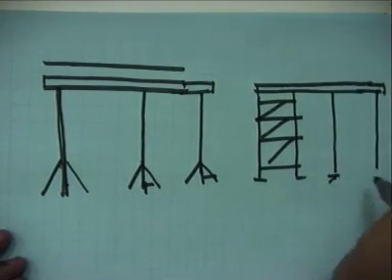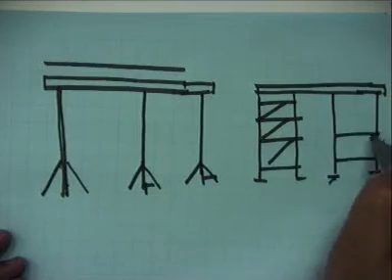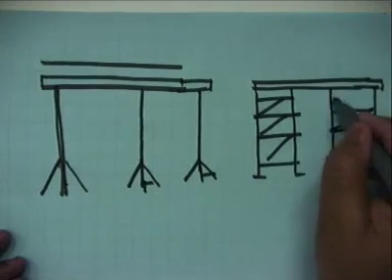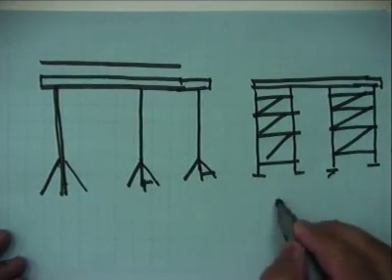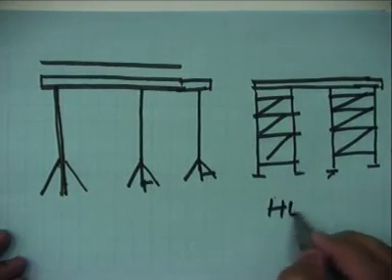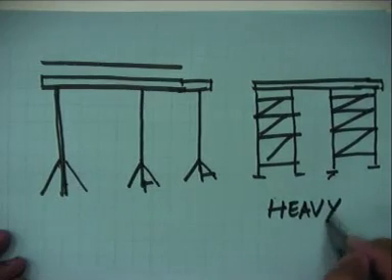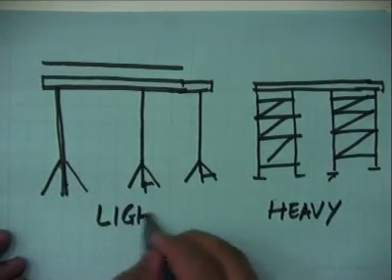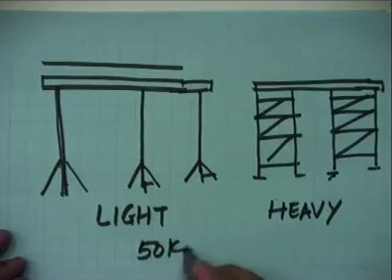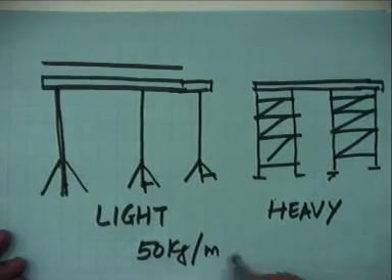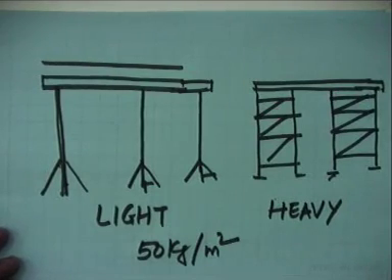So that's why I told you, depending on the system that you have chosen for your formwork, the self weight of formwork would vary. This is more heavy, this is a little lighter. But to start with, as I told you, you can take about 50 kg per square meter of self weight. Is that clear to you, technology class?